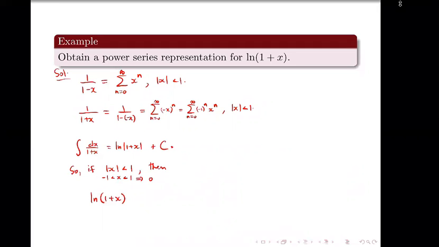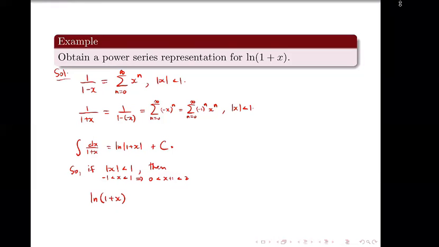You will have 0 less than x plus 1 less than 2. So this guy here is greater than 0, so 1 plus x is positive. So you can remove the absolute value. Ln is still defined.